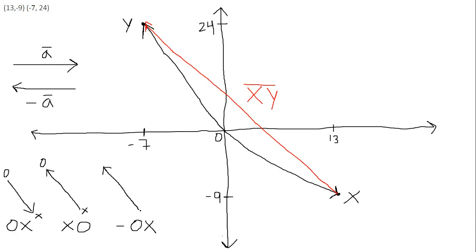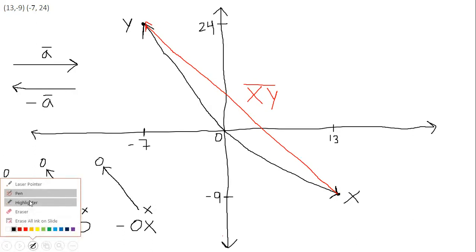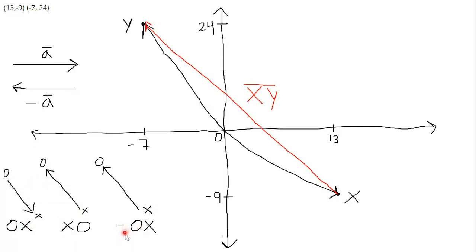Again, this is O and this is X. So the vector negative OX would be the same thing as the vector OX, but heading in the opposite direction. Remember, A heading in one direction, negative A heading in the opposite direction.